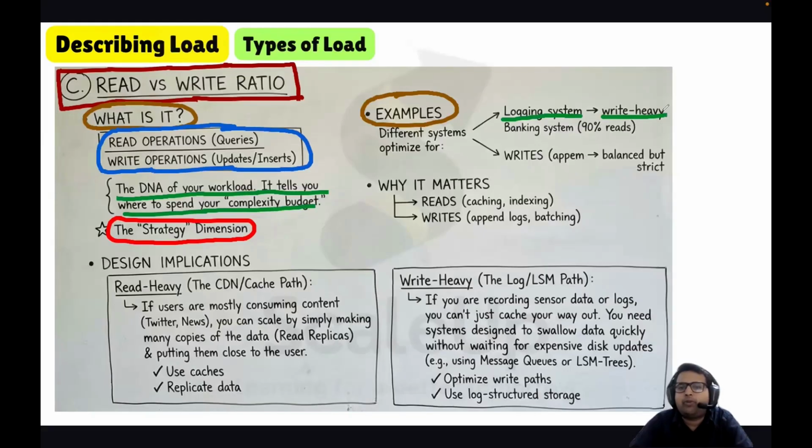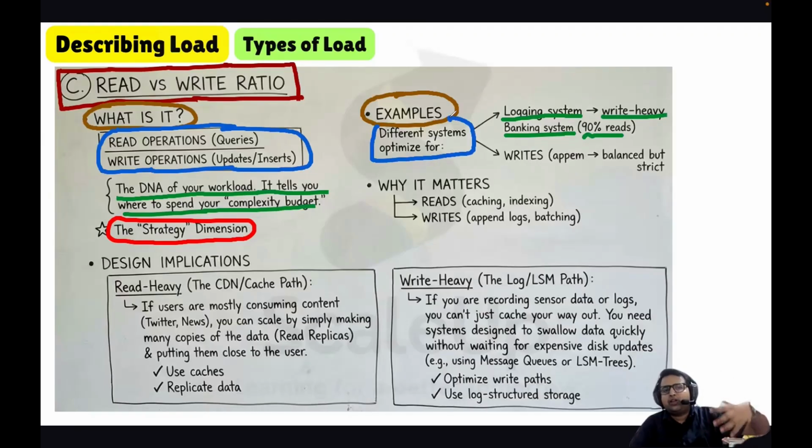So the read-write ratio will be very low because more write operations will be there. But banking systems will have a very high read-write ratio, read heavy, around 90% read. So we have different systems optimized for different read-write ratios. So read-write ratio is also a way of describing the load. Low value of read-write ratio means heavy write load.